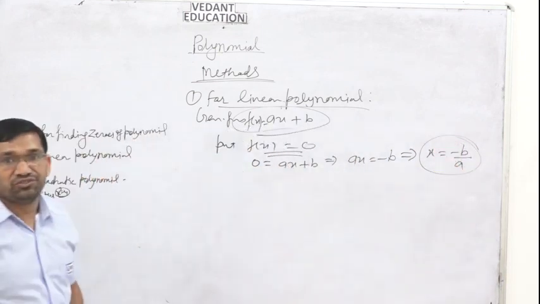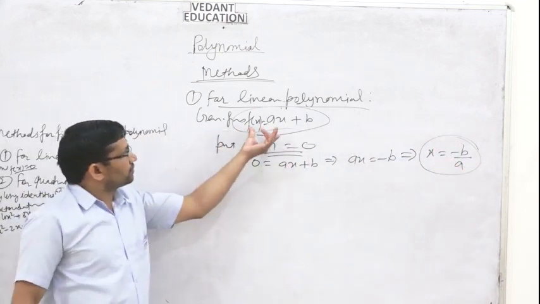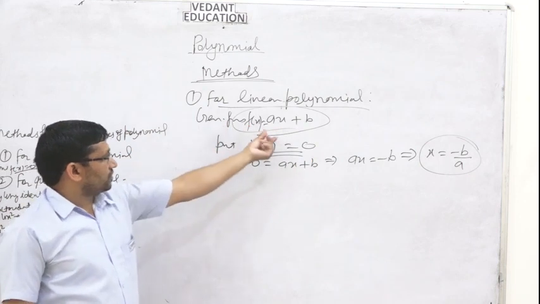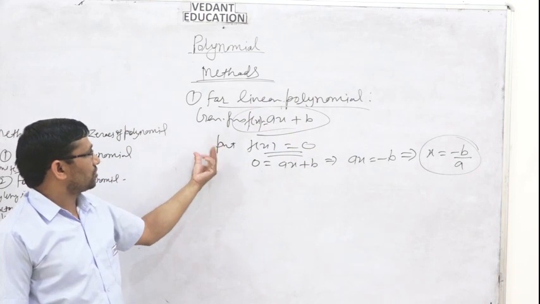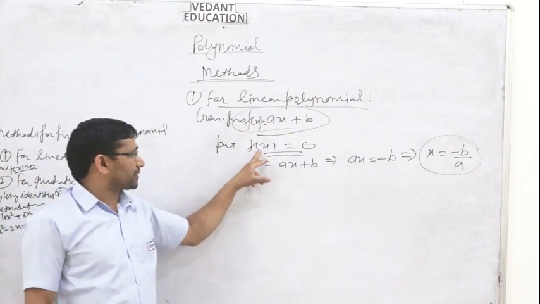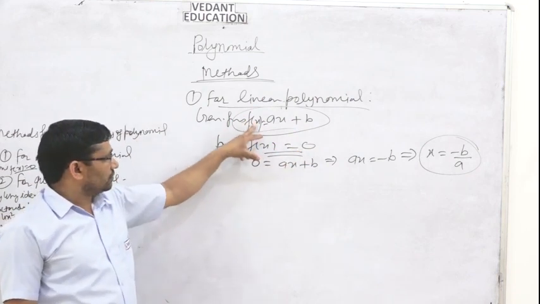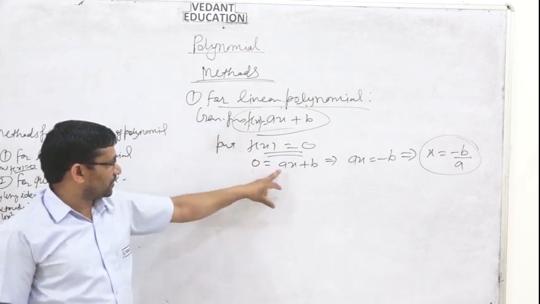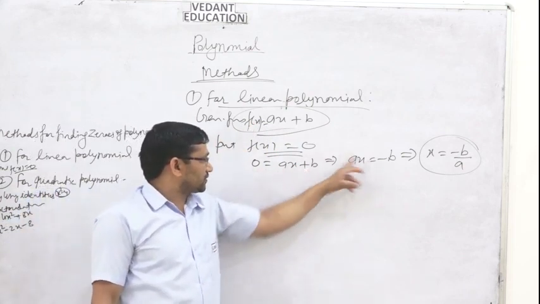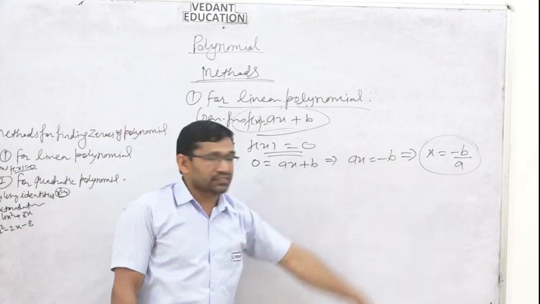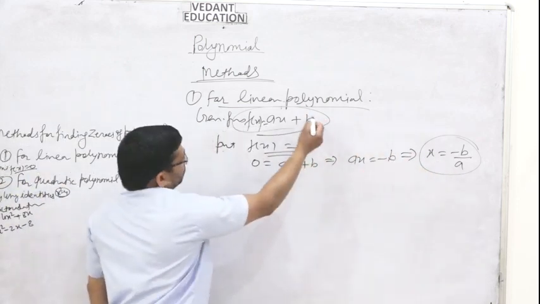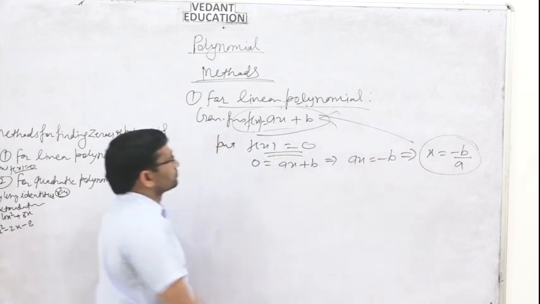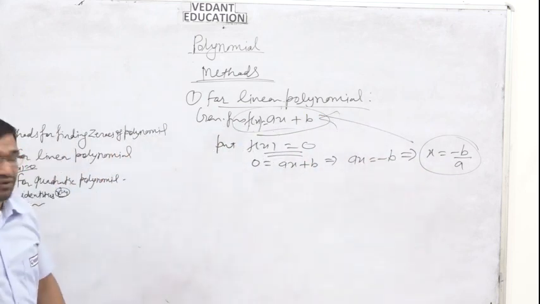This is the value of the zero for a linear polynomial. Again, general form is ax plus b. For finding zeros of this polynomial, we put f(x) is equal to 0, then ax plus b is equal to 0, ax is equal to minus b, that is x is equal to minus b upon a. This is the zero of the general form of a linear polynomial.